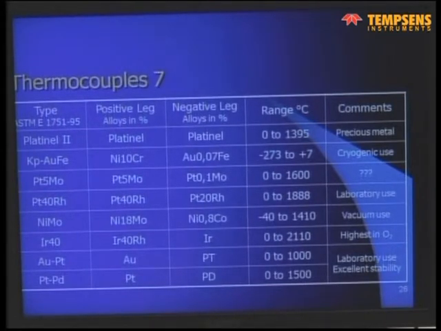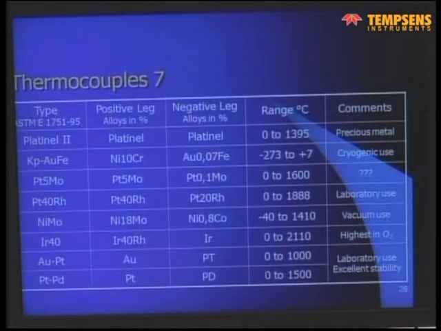The KP means it is from a thermocouple type K, the positive leg, which is used against a gold iron leg for extremely low temperatures. Platinum molybdenum is sometimes used when you have very long thermocouples vertically installed at high temperatures because the strength is higher.